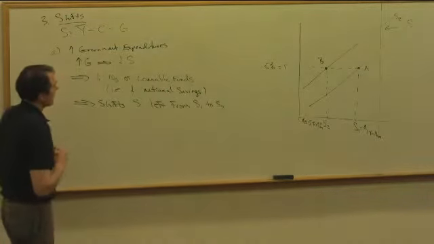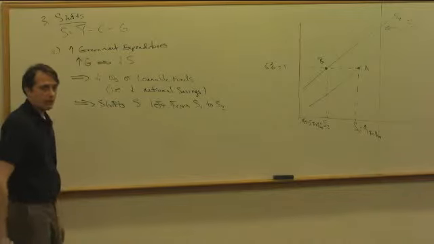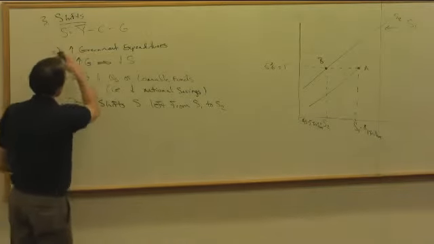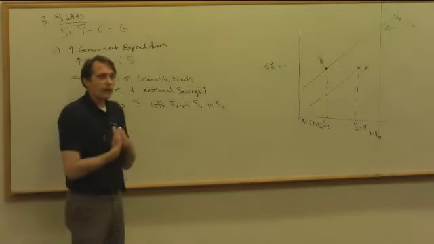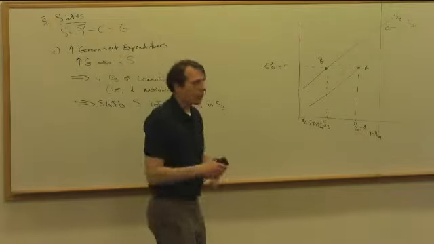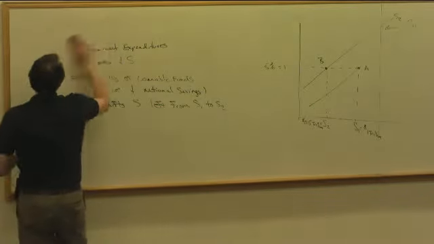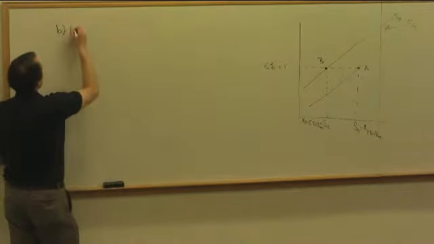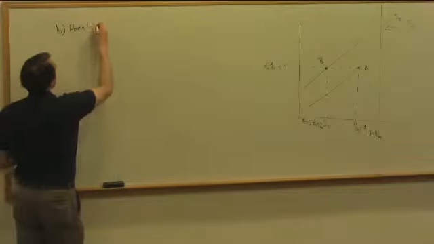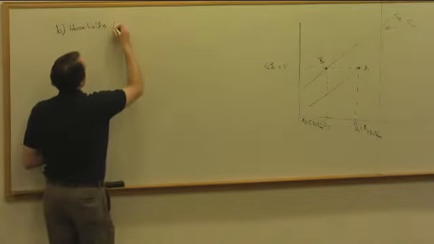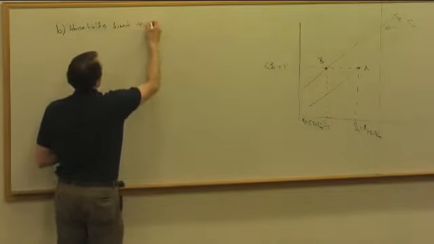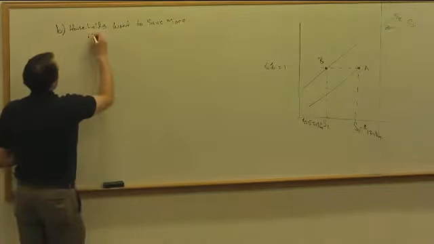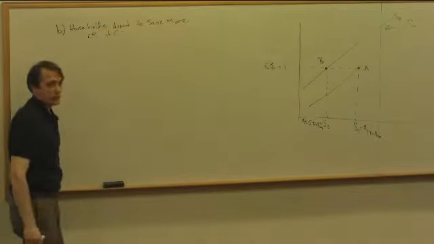All right. I think you get the general idea, but just to be complete, let's go ahead and do B, and let's just talk about what would happen if suddenly households want to save more for whatever reason. For whatever reason, households are just overcome with the desire to save, i.e., there's a decrease in household consumption expenditures.